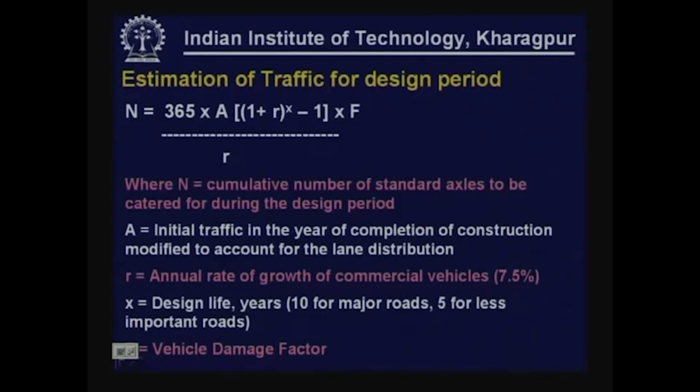Authentic projections have to be made on the basis of various data that one has to collect for projecting this. If it is not available, a value of 7.5% can be taken. x is the design life in years, normally taken as 10 for major roads and 5 for less important roads. F is the vehicle damage factor.